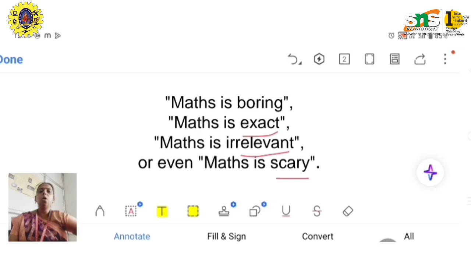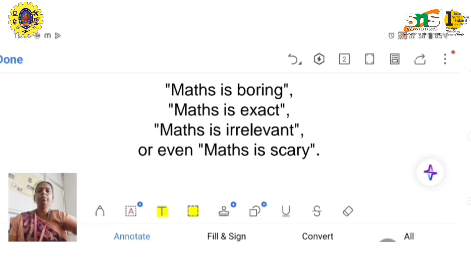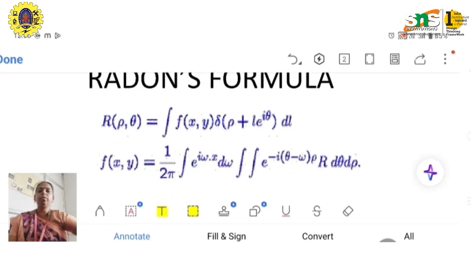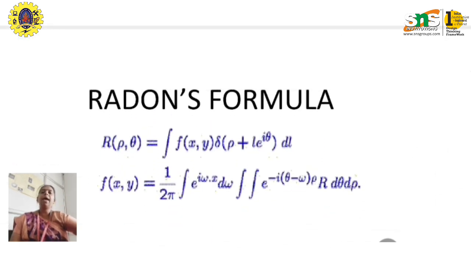But of course all these are not so. Maths helps us to solve the problem statement in an easy way.